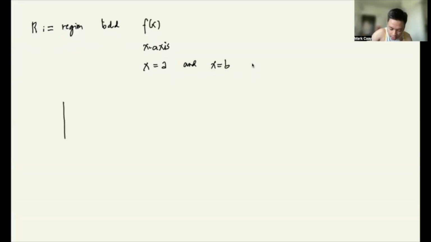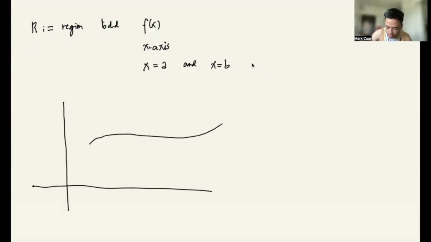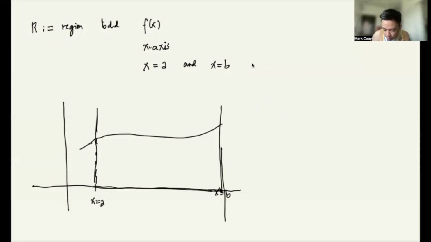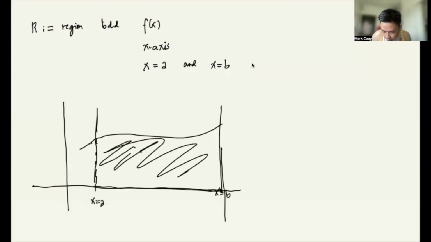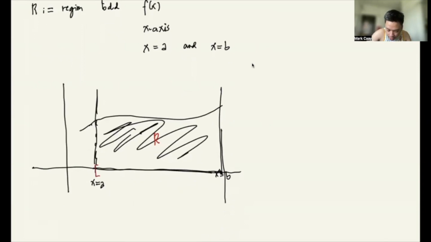So we have this function here, then x equals a, x equals b. This is a line, and then the x-axis. So this is the region, this is our R. Remember, this is our interval, [a, b].